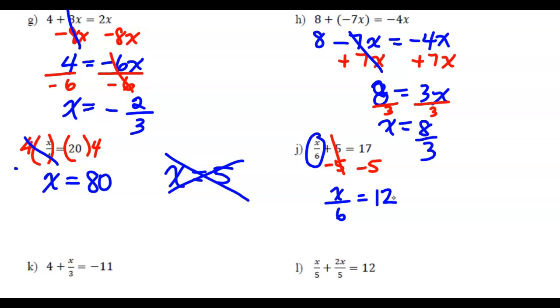So think, why did you get 2? If you got 2, you said 12 divided by 6, and that's not what it is. It's x divided by 6. So we have to multiply both sides by 6. And so that's 72. We need a big number for x so that when we divide by 6, we get an answer of 12.